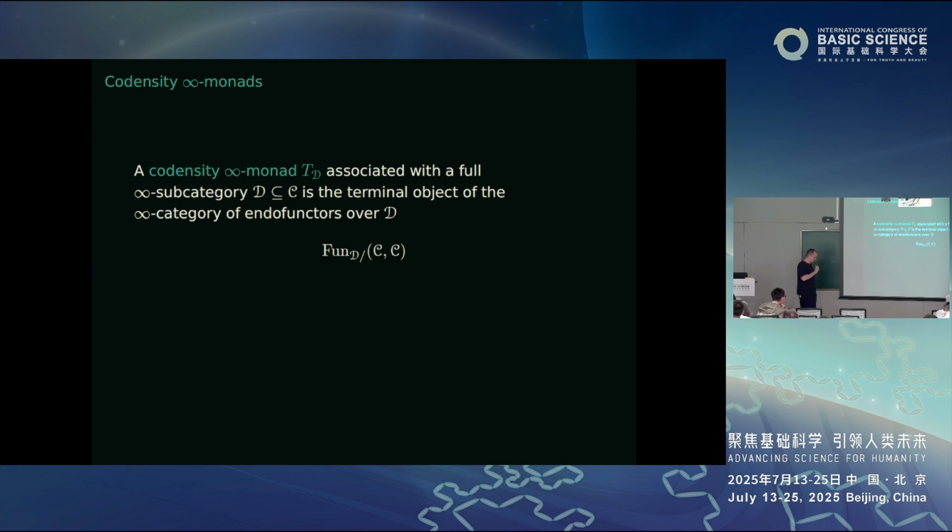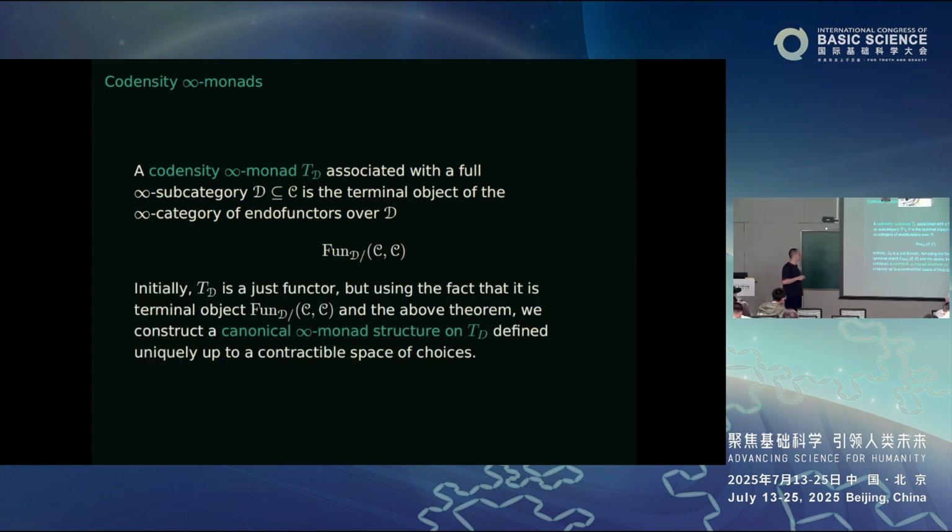I don't understand this sophisticated point very well, but this is a property of codensity infinity monad in the setting of infinity categories, but not equivalent. And the same is true in general about Kan extensions. In classical category theory, there are several equivalent definitions of Kan extensions, but they're not equivalent in the setting of infinity categories. But I don't know counterexamples, I just read it in the book of Lurie.